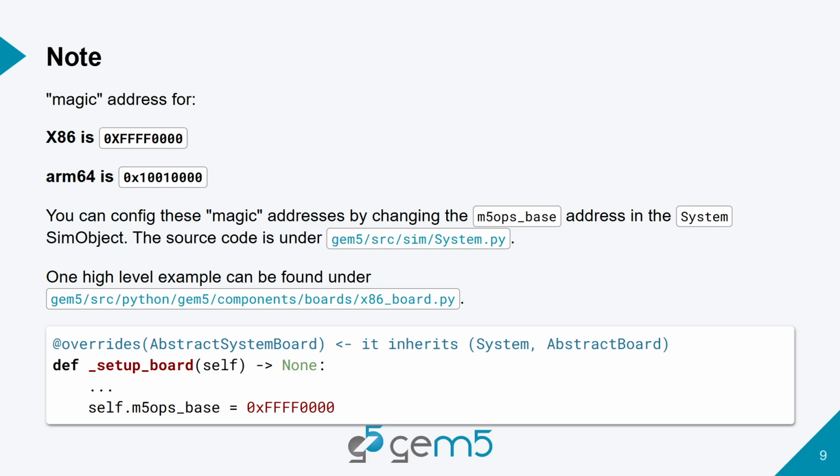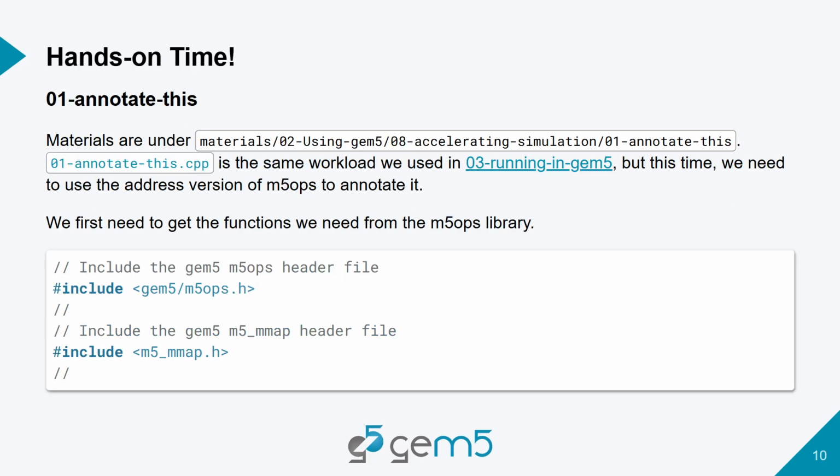One high-level example can be found in the x86 board in the standard library, and you can go check it out if you're interested. In this example, which we're not going to go through but I'm going to walk you through, this morning when we did the annotation for the workload, we needed to include the gem5 m5ops header file. If we want to do the address version of M5 op, we also need to include a header file called m5_mmap.